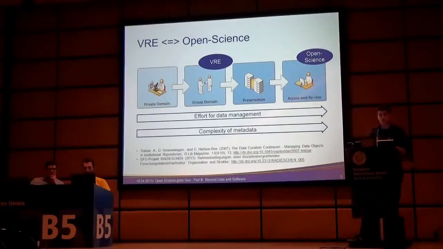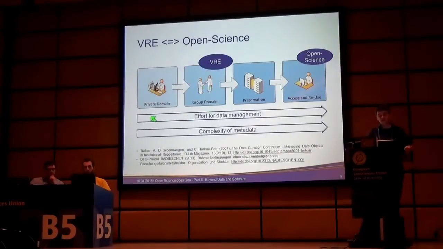confined group. Then we have the domain of preservation, where archives basically live, and open science lives in this domain of access and reuse, when you make this data available to a broader audience. And virtual research environments live in this group domain.